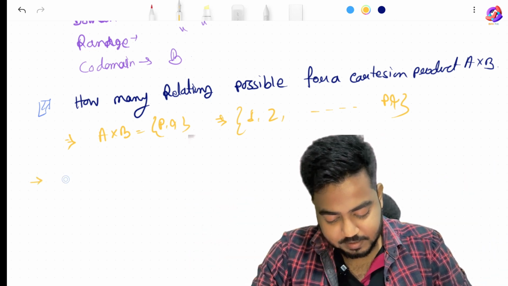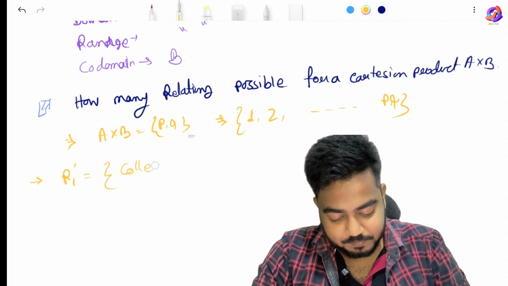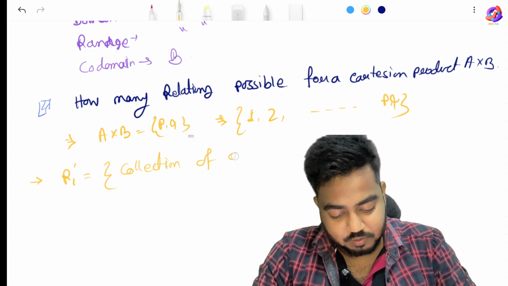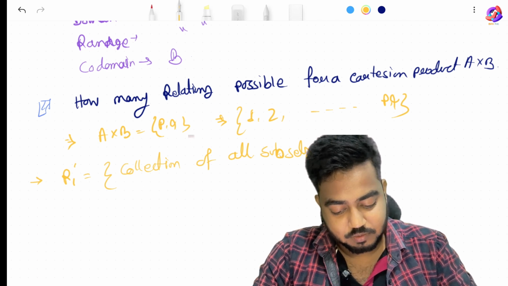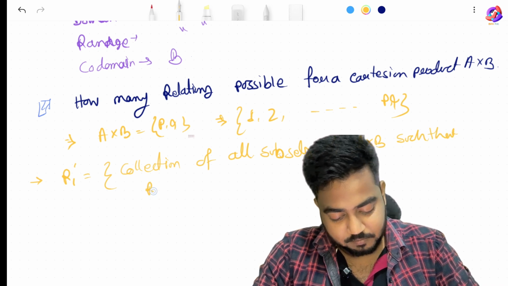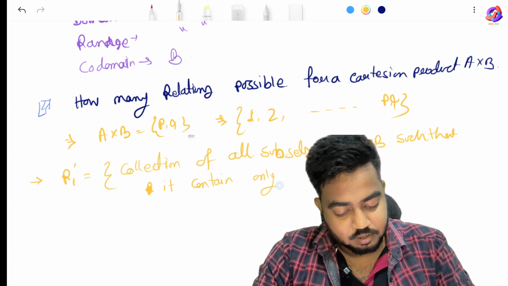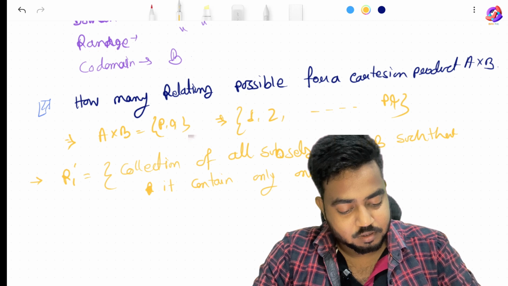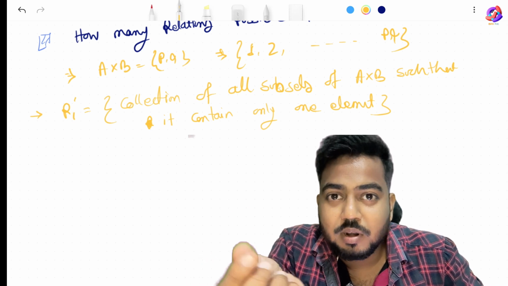So let's say a relation R1 dash is a collection of all subsets of A cross B such that it contains only one element.